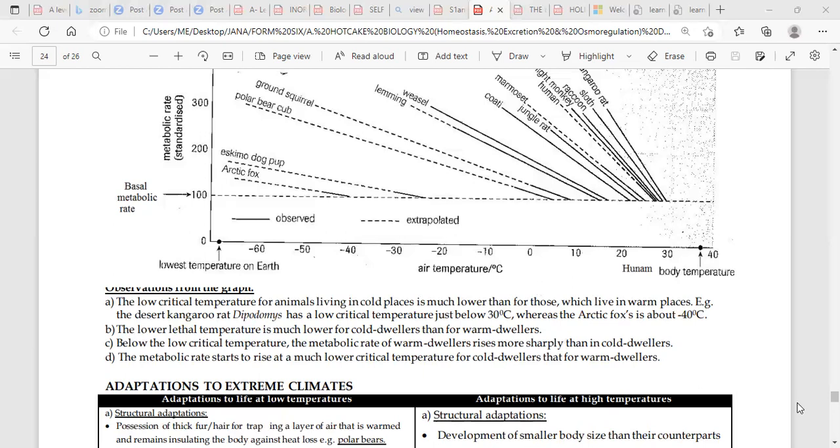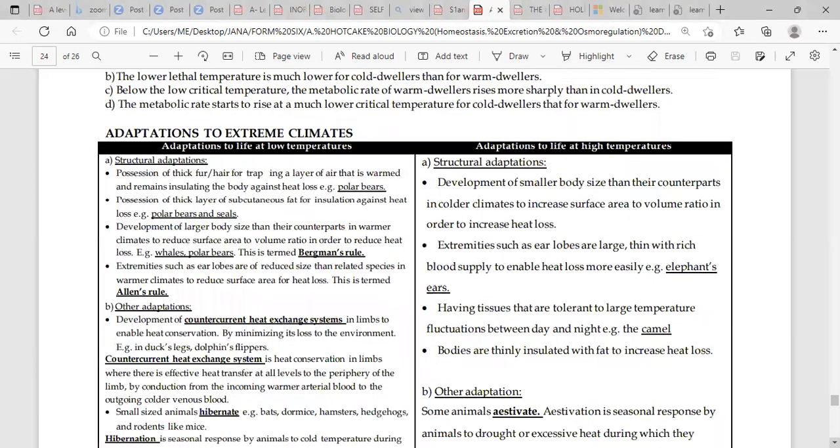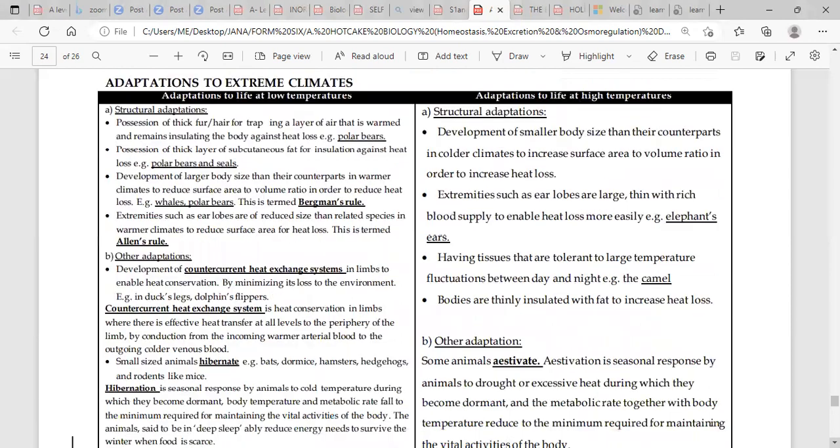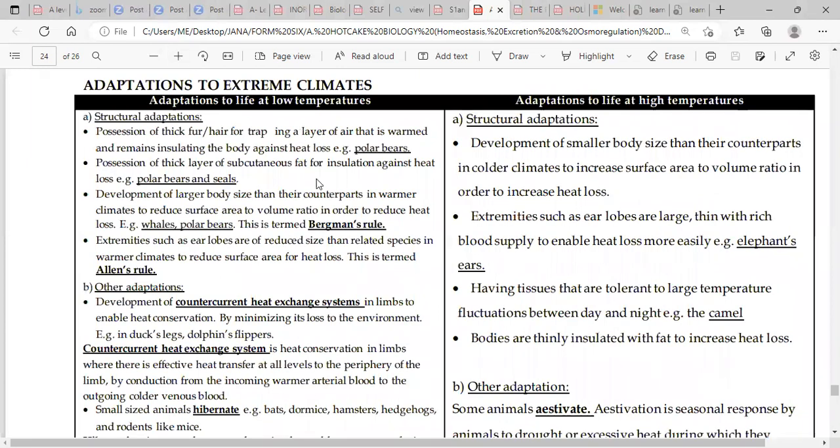Adaptations to extreme climates. We have adaptations to life at low temperatures and adaptations to life at high temperatures. When you look at the adaptations to life at low temperatures, we have the structural adaptations.